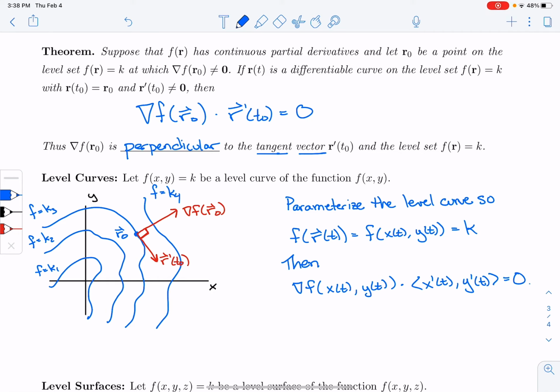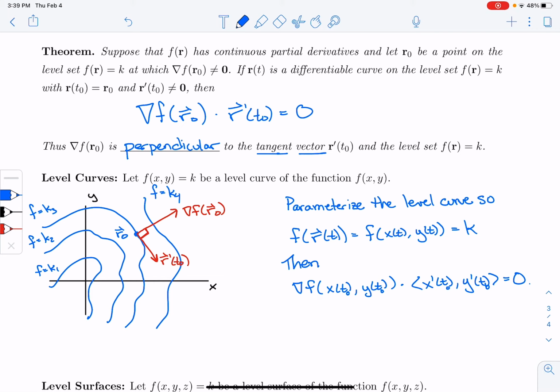That's what shows that the gradient is perpendicular to the level curve. In fact, we're going to put t0 here because we picked a specific point. So the gradient is always going to be perpendicular to those level curves. That's in 2 dimensions.